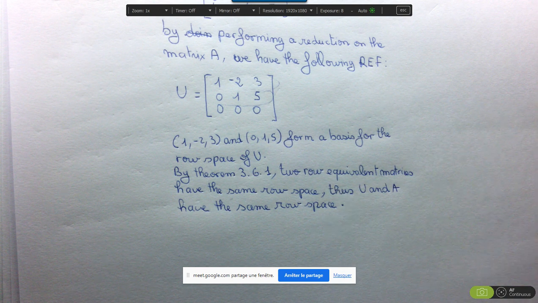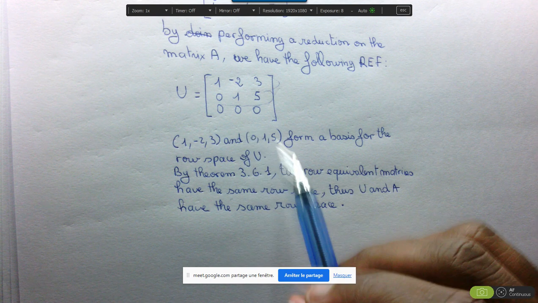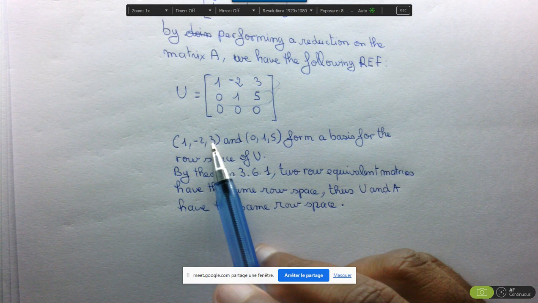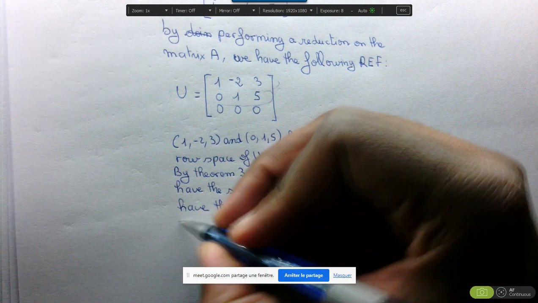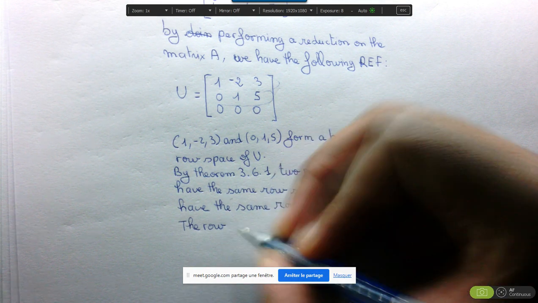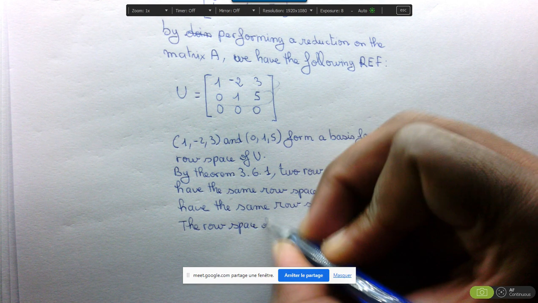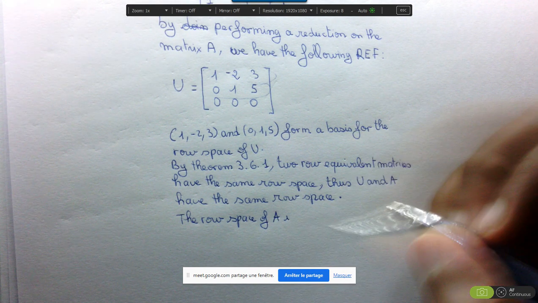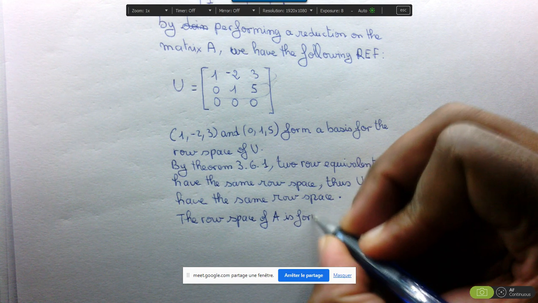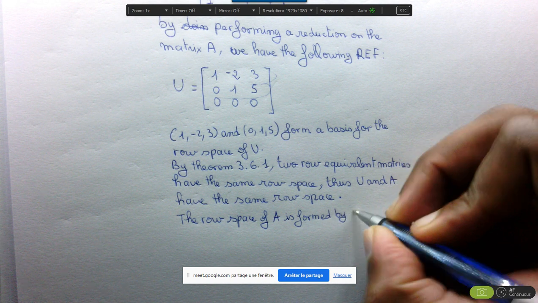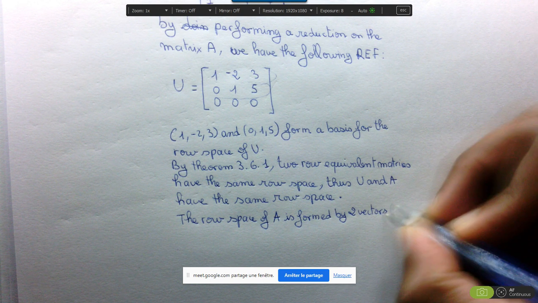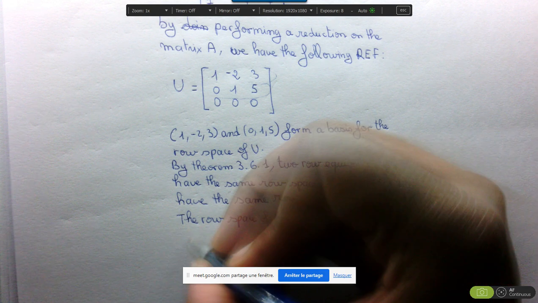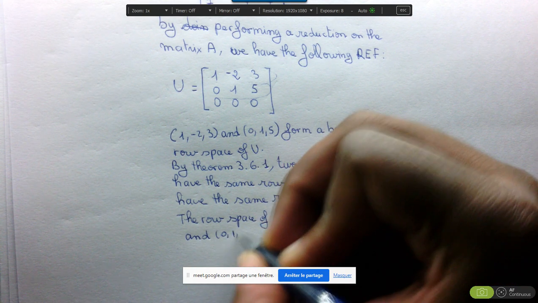And we know that the row space of A is formed by two vectors, 1, -2, 3 and 0, 1, 5.